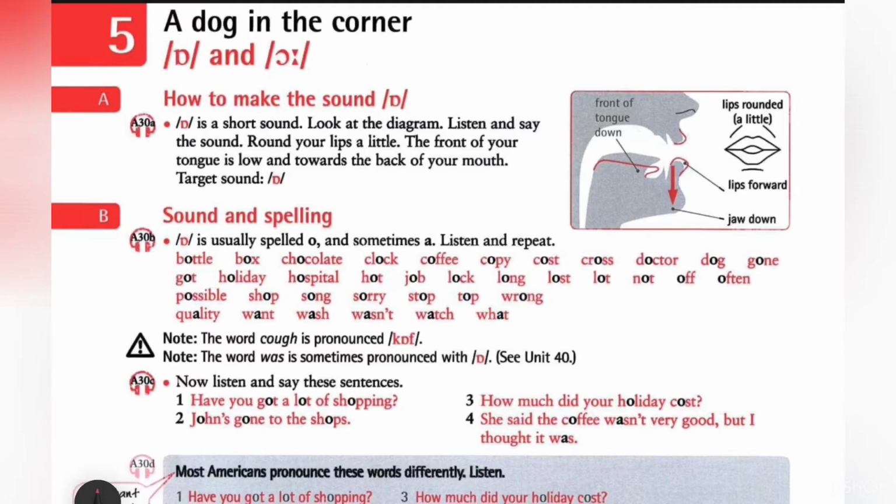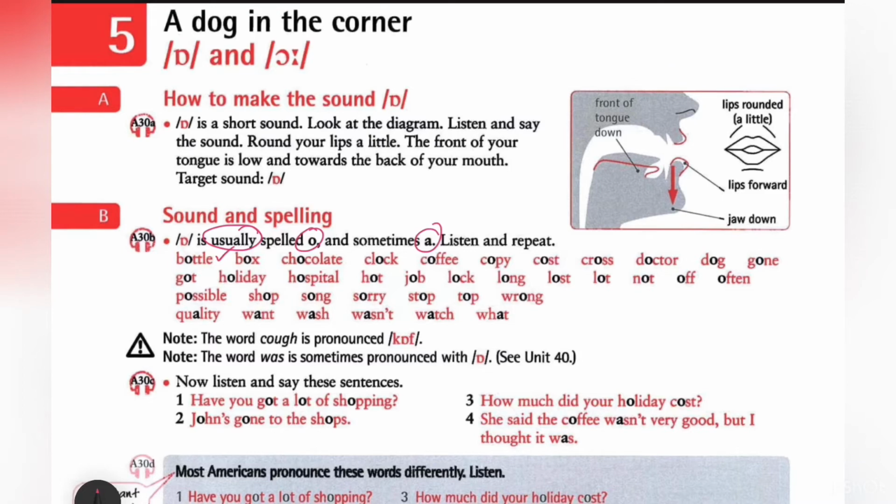So usually when you have a word spelled with O and sometimes with A, we have already compared this with the other sound. Remember that it's not a rule. It's just some kind of suggestion. You have this sound, for example, in the word bottle.